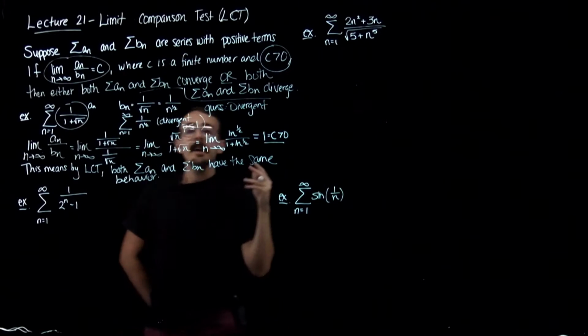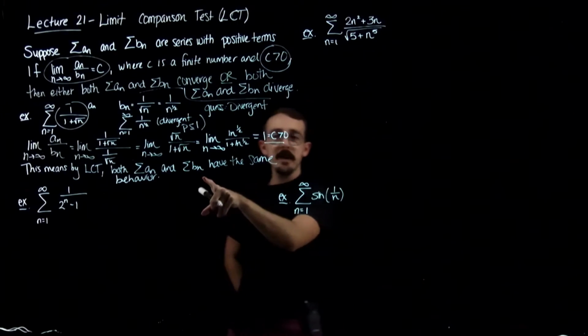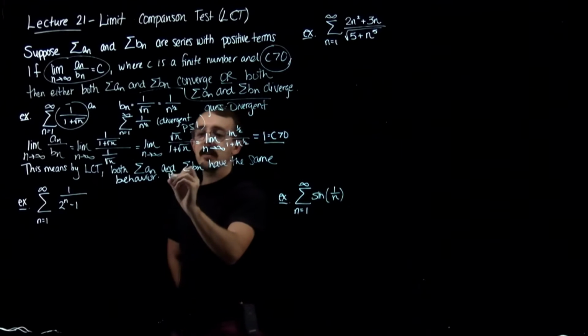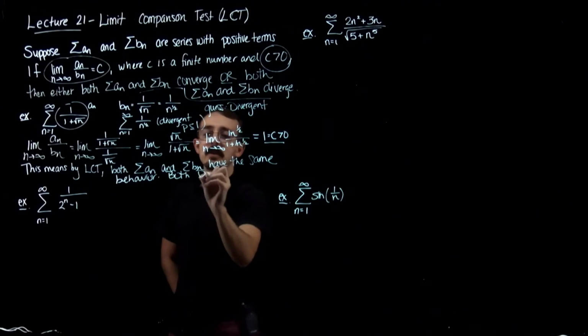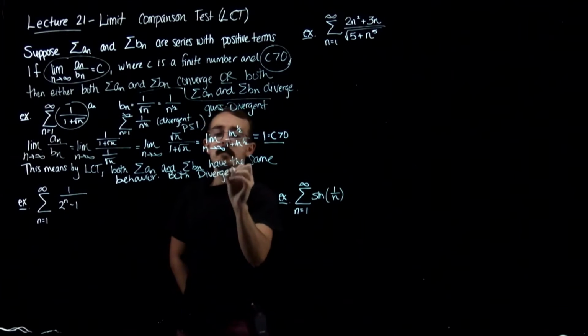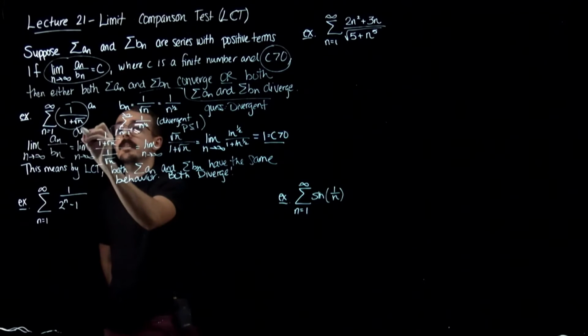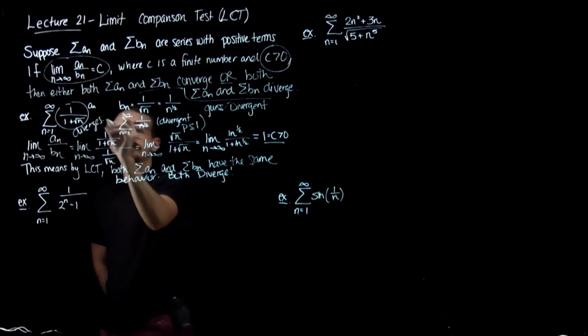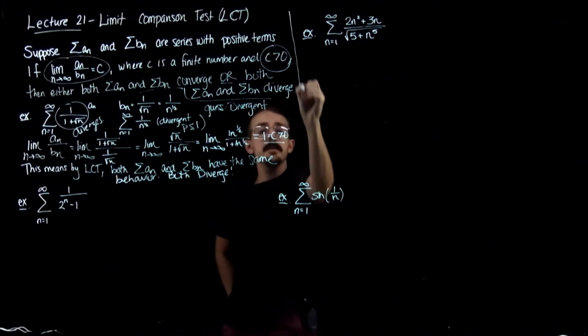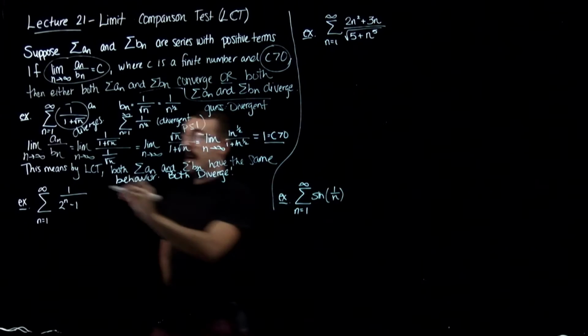But I know the behavior of b sub n because I picked it that way. It's divergent. So this just tells me that both diverge. So I'm just going to say that this one diverges. And that's it. That's how you use the limit comparison test.